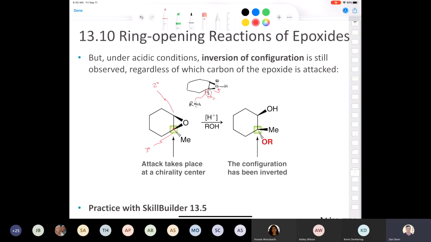It's going to go from being a dash to a wedge like that. So you get inversion of configuration based on backside attack. And we could even write that in here: backside attack.